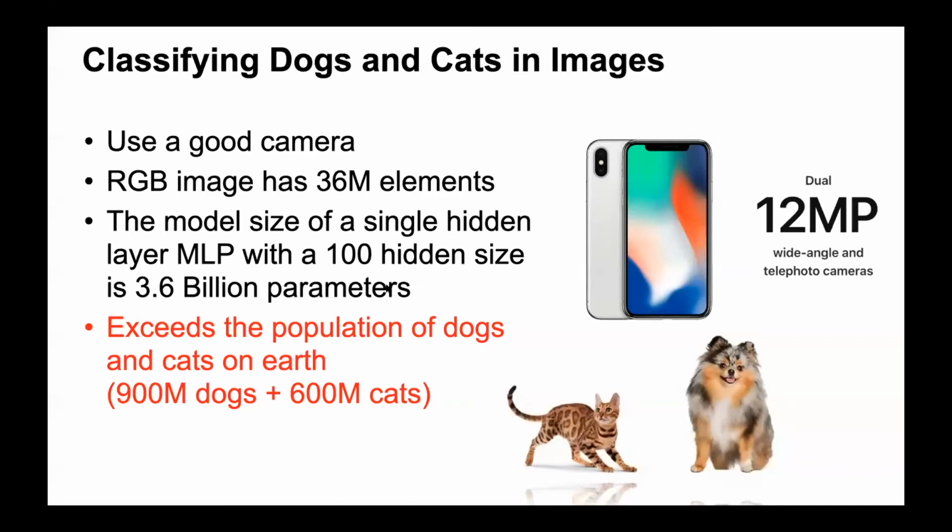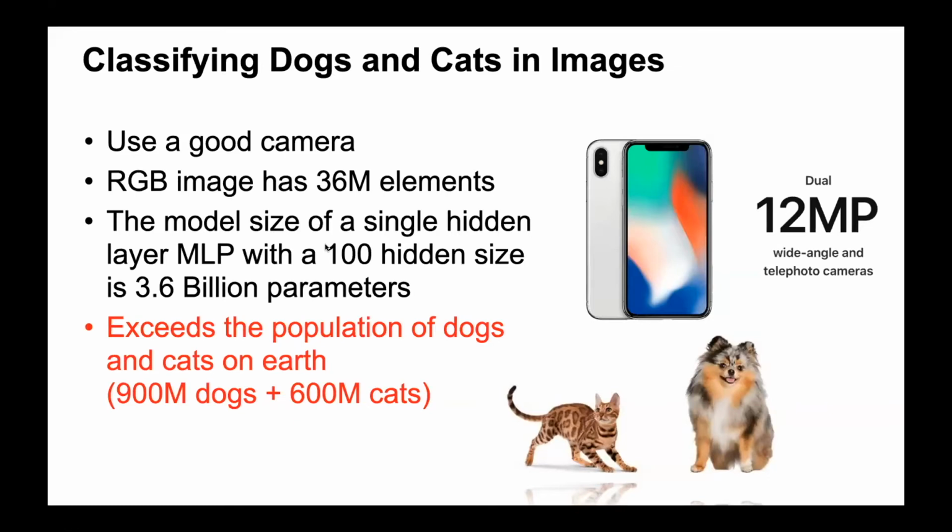And what Smola says is if you have a single hidden layer with 100 hidden units, then the multi-layer perceptron will have 3.6 billion parameters, and that's a really, really big network to learn because you might not have enough images.